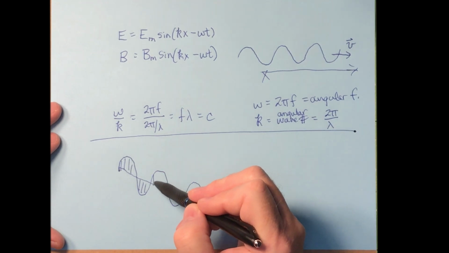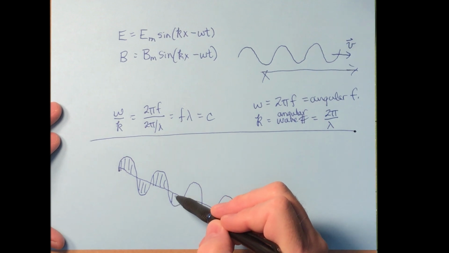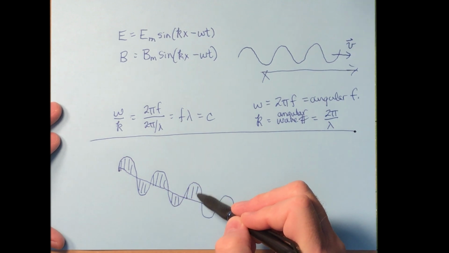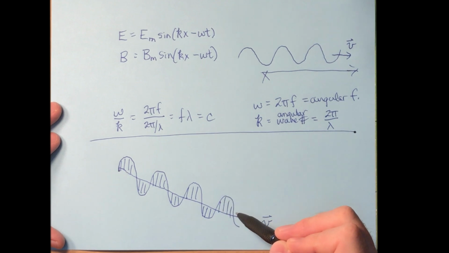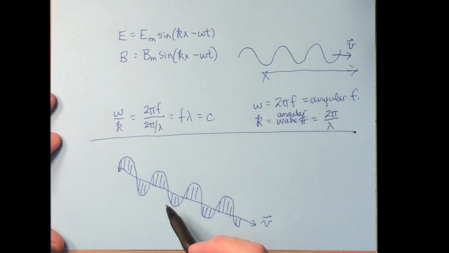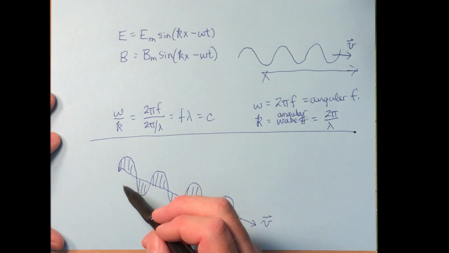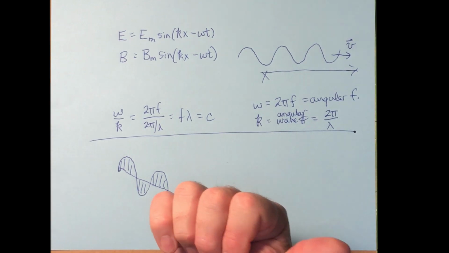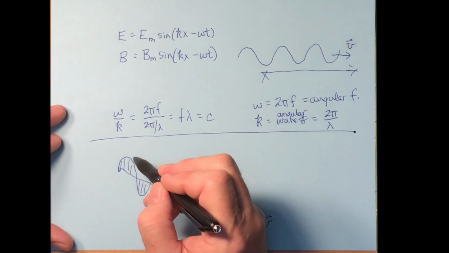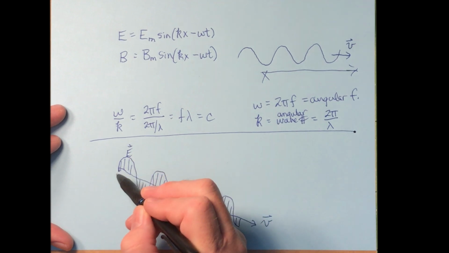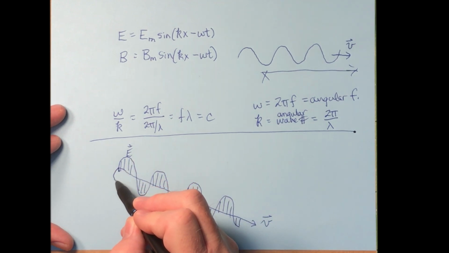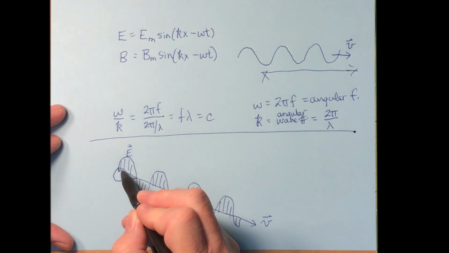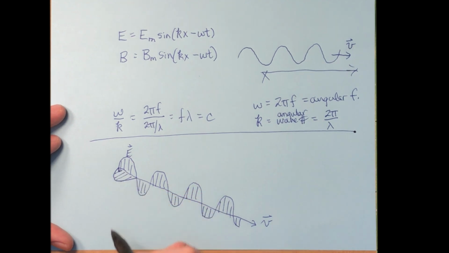I'll draw those lines to indicate that's the direction of oscillation here. And this could be the E field. Well, then the B field is going to be perpendicular to that. And remember, E cross B gives you the direction of travel. So if this is the E field here, then at the same time that it is in that position, this is in this position at a right angle to that.